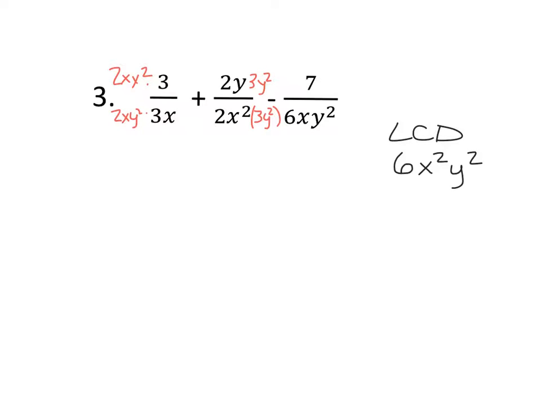And the last one needs an x. So then I just keep that denominator. Multiplying on the top, I'd have 6xy squared plus 6y to the third minus 7x.